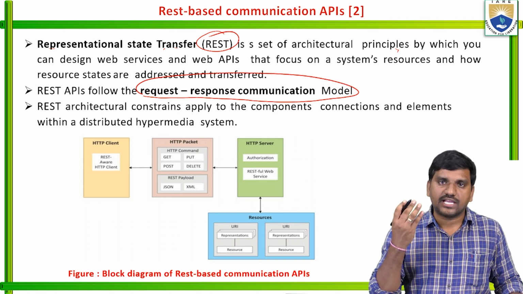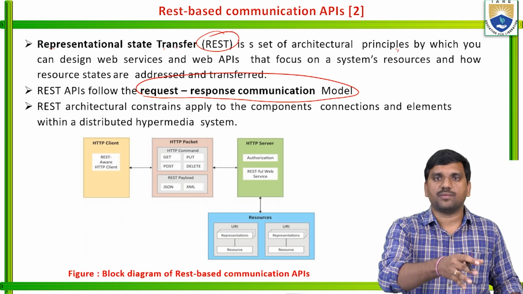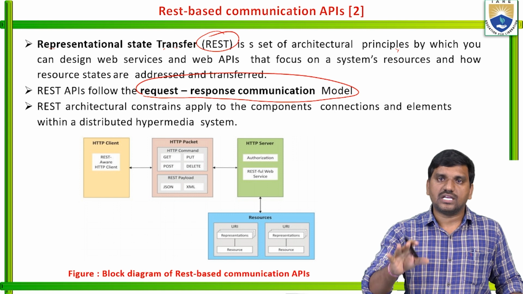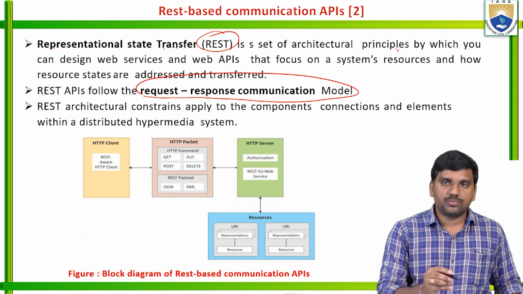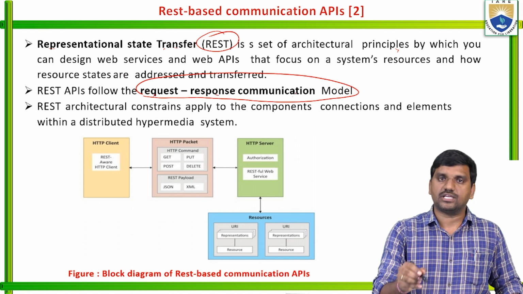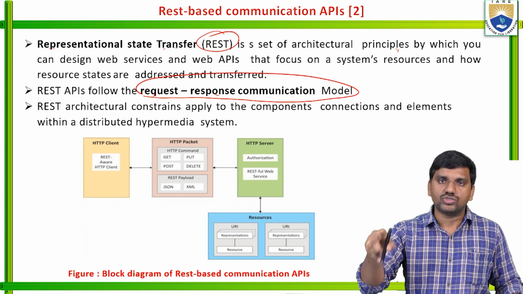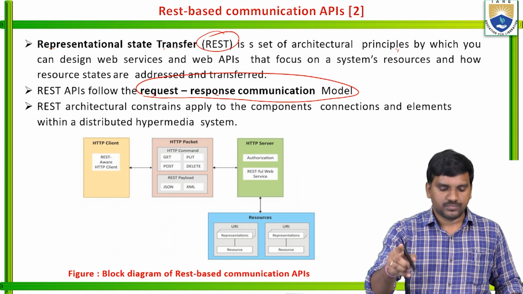So the communication APIs can be built along with the communication models. That means each and every communication API can use a communication model. So here the REST-based communication API can follow the request-response communication model.